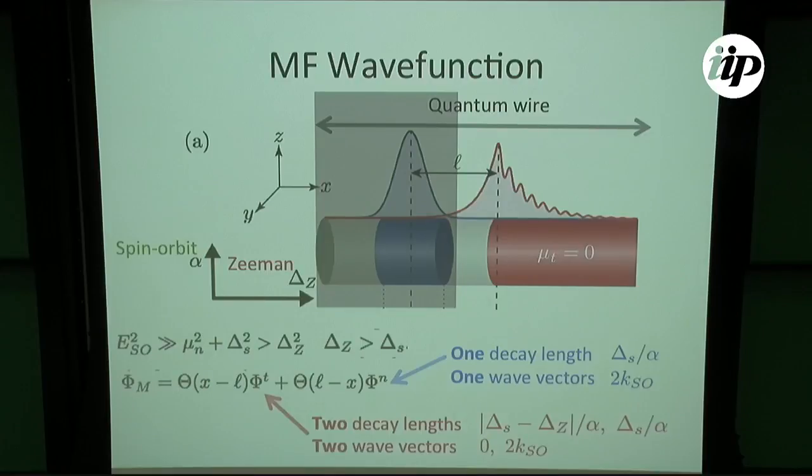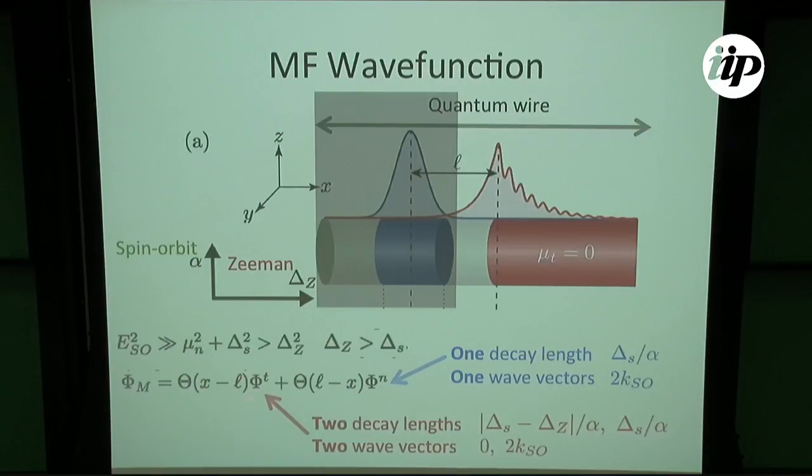So in the strong spin-orbit regime, this can be solved exactly. In this solution, we assume that the chemical potential on the topological side is equal to 0, and on the non-topological side, it's something finite to drive it into the non-topological regime. And basically this is the solution, and to satisfy continuity and differentiability, you get this solution.